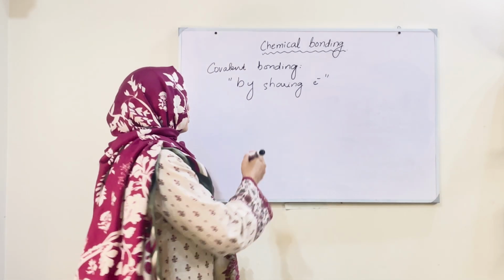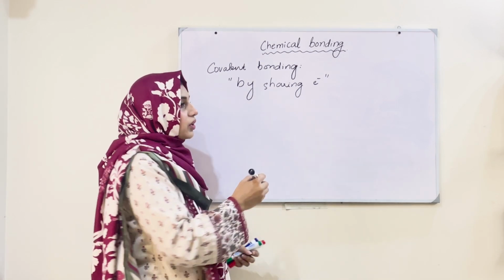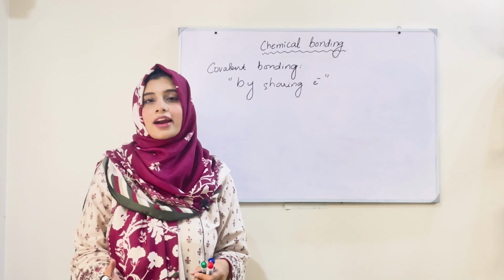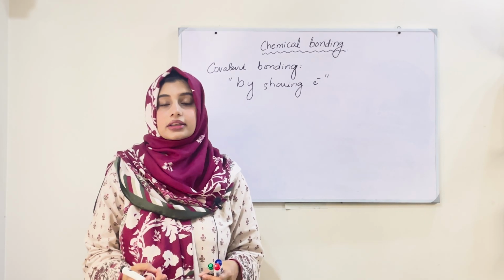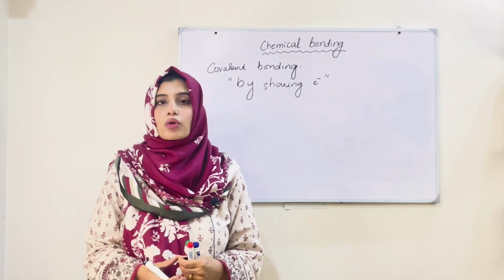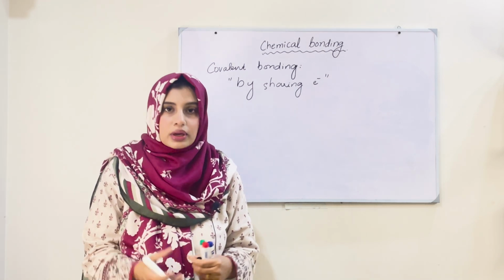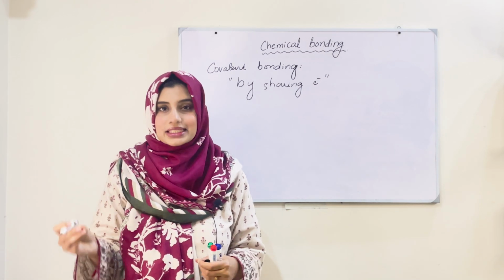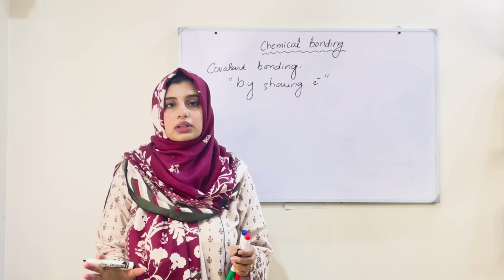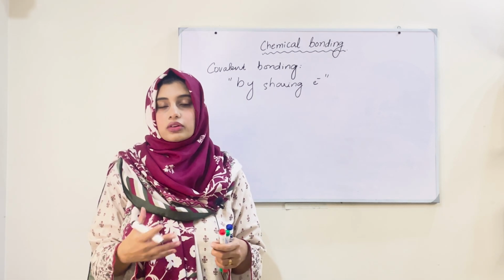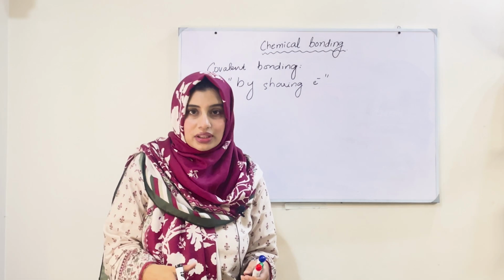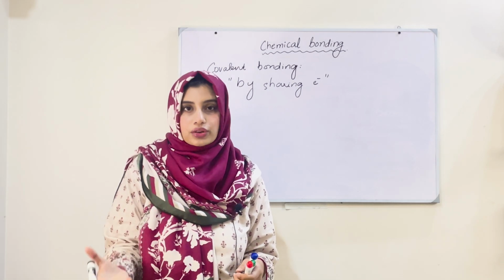Like in the previous video, when I was giving you an introduction to covalent bonding, I told you that carbon has 4 electrons in its outermost shell, and 4 is half of the octet, and half is also stable. Not that stable, but somehow stable. So it tries not to disturb its outermost shell by giving or accepting electrons. So it simply shares electrons.